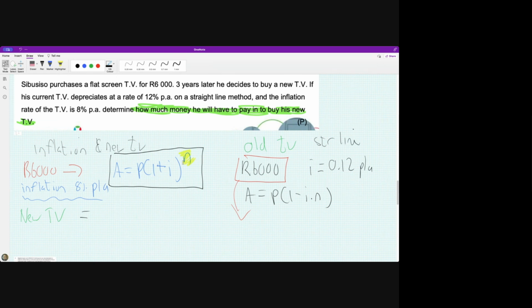Okay, fantastic. So what's my new price of the TV? So 6,000 times 1 plus 0.08, to the power of how many years? 3 years. What are we getting for the price of the new TV?